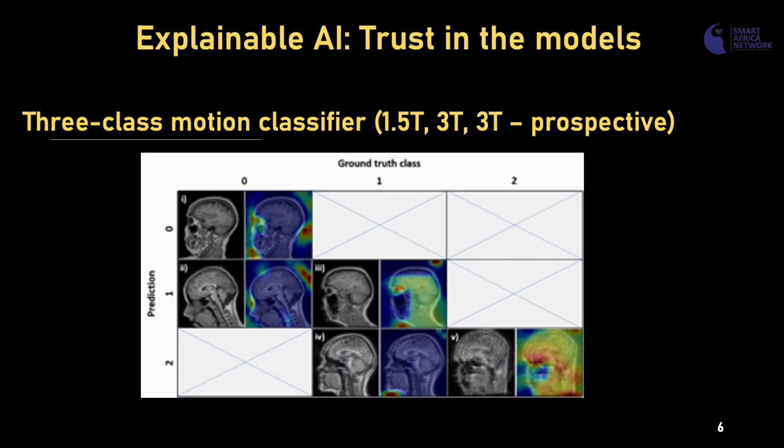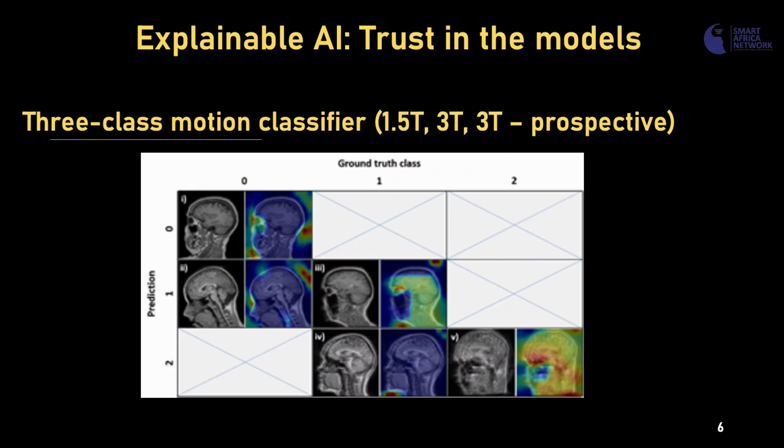We then also looked at classifying motion at three levels of motion, which were arbitrarily educated as 0, 1, and 2. 0 was no motion, 1 was moderate motion, 2 was severe motion.